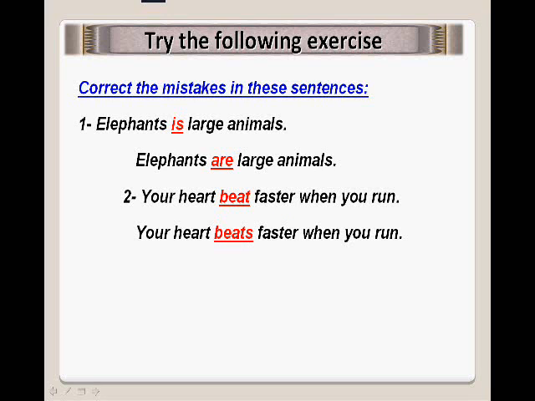Yes. So it should be your heart beats faster when you run. So here, remember when we said that if the verb has s, it means that it is singular. So your heart, this is the singular subject, and so of course the verb should be beats, which is a singular verb here.